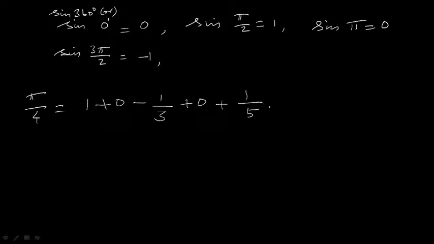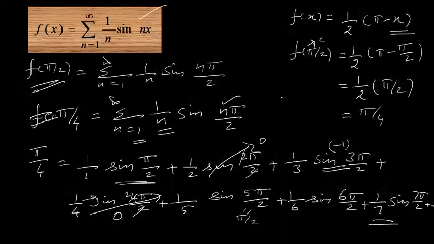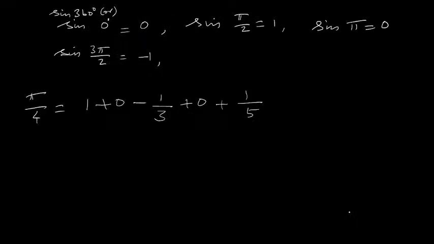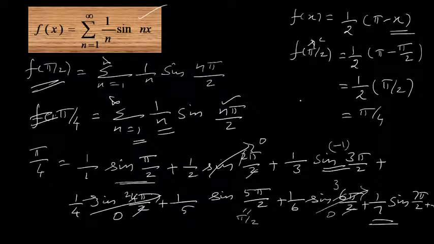So plus 1 over 5. Coming to the next, 1 over 6 sin 6 pi by 2. 6 pi by 2 is nothing but 3 pi. Already I told you, sin pi, 2 pi, 3 pi, 4 pi, everything is 0. So this term vanishes, that is becomes 0. So the sixth term is 0. Coming to the seventh term, the last term is sin 7 pi by 2. 4 pi by 2 means 1 rotation over.